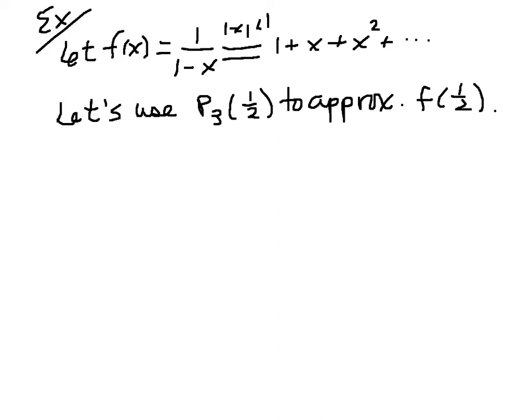And we know that we only have equality here when the absolute value of x is less than 1. x is the common ratio, and that has to be less than 1. So here's the deal. We're going to use p sub 3 of 1/2 to approximate f of 1/2. And let's talk about what the error should be there.